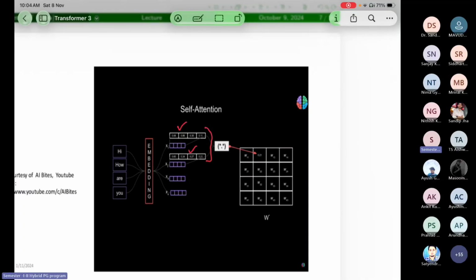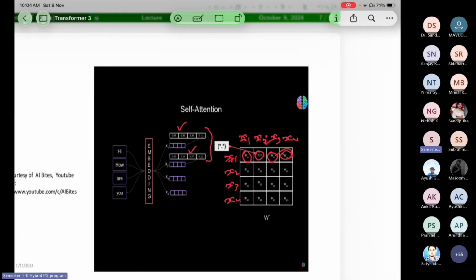So you can see here we have x1, x2, x3, x4, and x1, x2, x3, x4. Now I am finding the correlation of x1 with x1, that is this; x1 with x2, that is this; x1 with x3, that is this; x1 with x4, that is this.